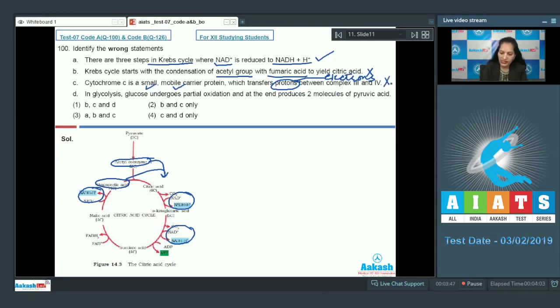Hence, this statement is incorrect. D. In glycolysis, glucose undergoes partial oxidation and at the end produces 2 molecules of pyruvic acid. This is also true. So the correct statements are A and D and the incorrect ones are B and C. So the correct option for the given question is option number 2. Let's move on to the next question.